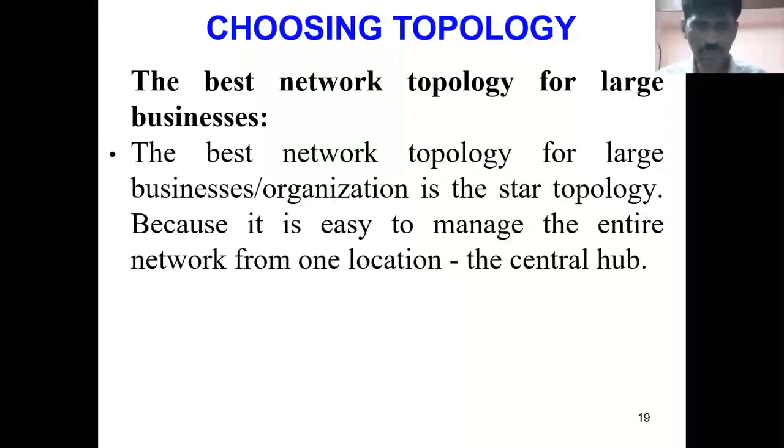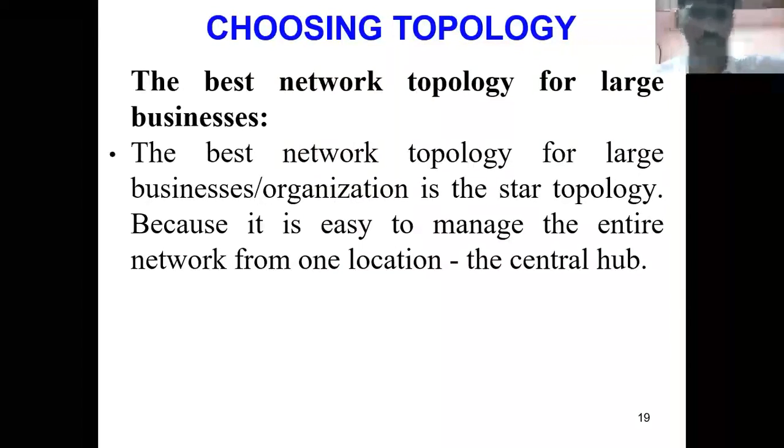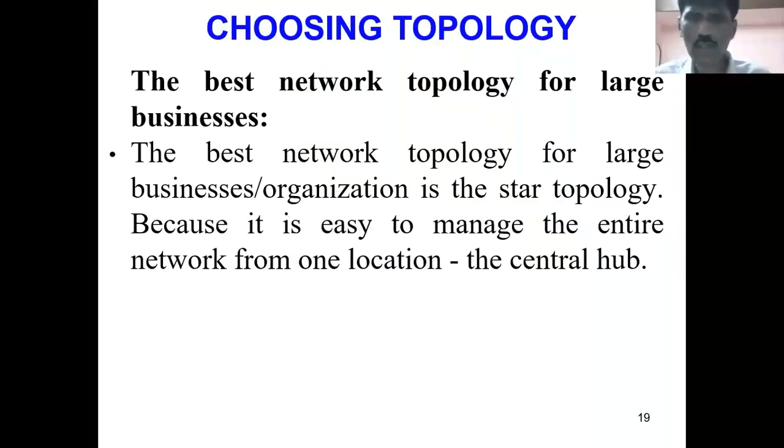However, the best network topology for large businesses: because in a very big organization, more people are using more systems, so there are more tasks to be completed. In this case, the best network topology for a large business organization is the star topology.